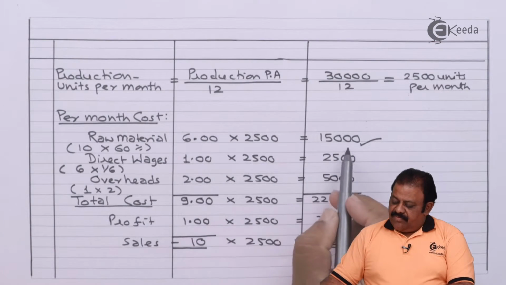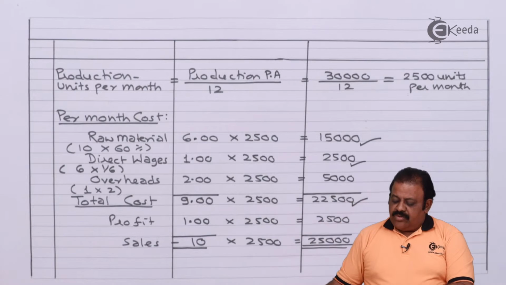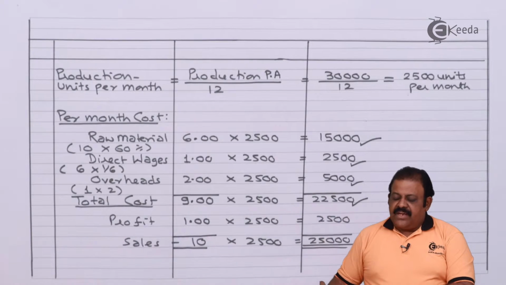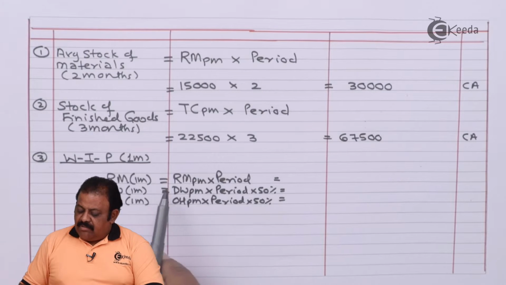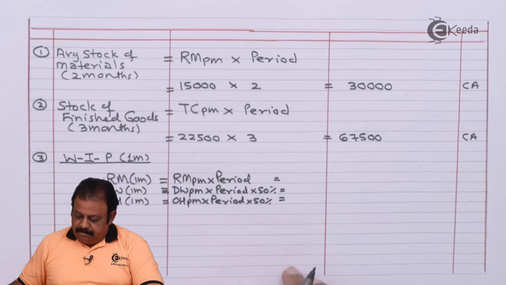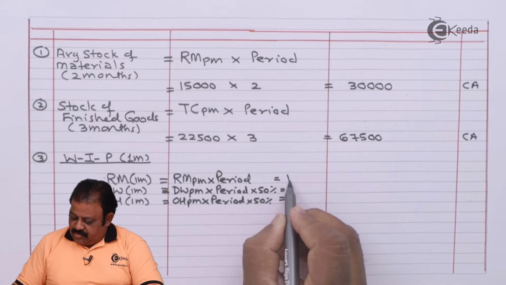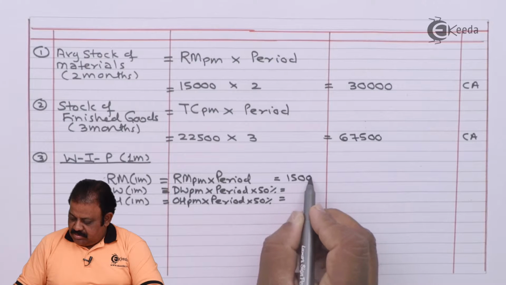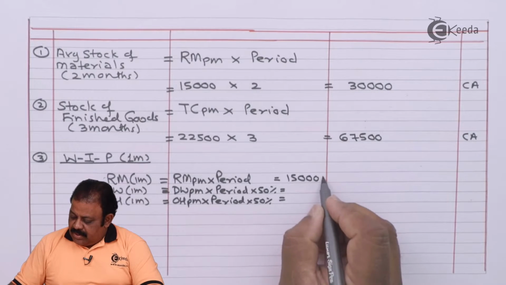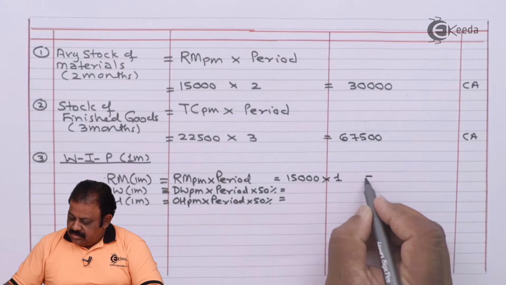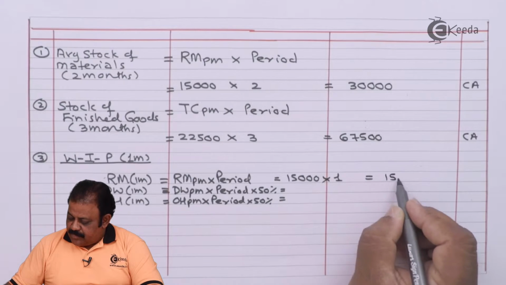Raw material per month 15,000, direct wages 2,500, overheads 5,000. While calculating work in progress, raw material will be taken at full value. Raw material per month 15,000. Work in progress period is 1 month, so multiplied by 1, it is 15,000.